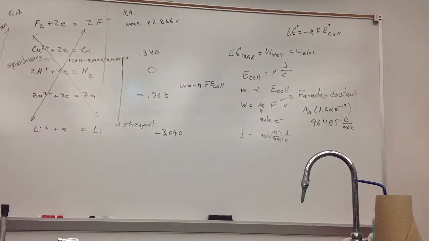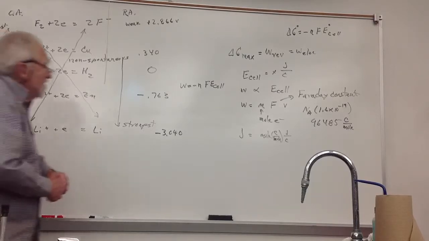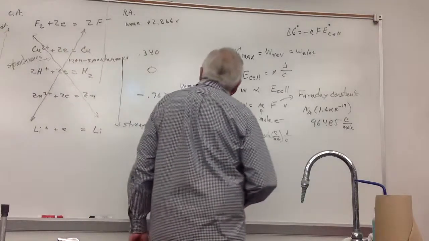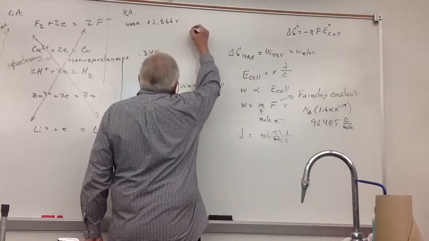Now you can see, since delta G is going to be negative for spontaneous reactions, what does E cell have to be for spontaneous reactions? Positive. Do I need to write that? I'll write it in.